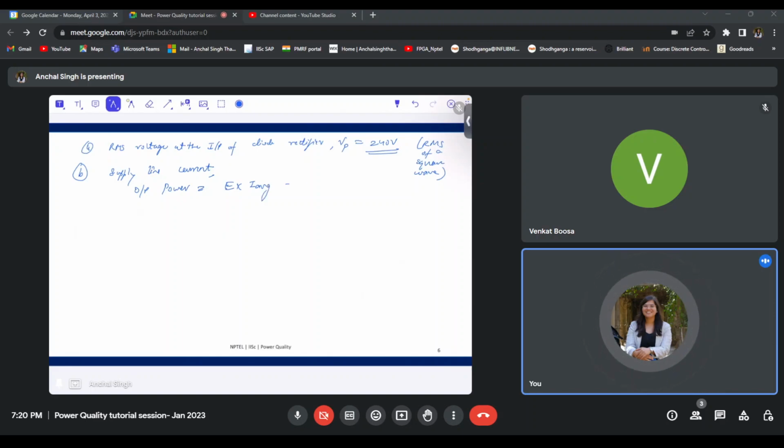E is the voltage of the battery, that is 240 volts, and I average is 12 amperes. So from that, the output power of my system is 2880 watts.